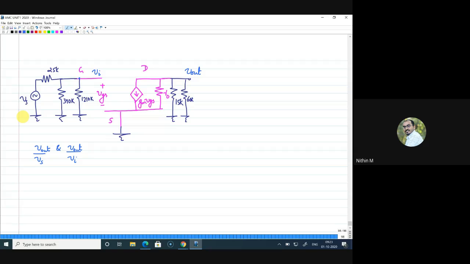Right. So one thing you can observe here, probably this I will replace with a single resistance. That is easy for us. Can someone tell me what this value is? 1210K parallel to 390K. Can I get this parallel combination value? What is 1210K in parallel to 390K?